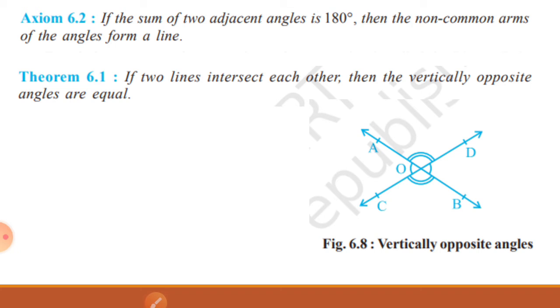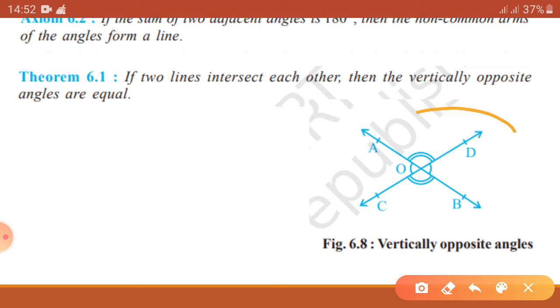Theorem 6.1 tells us that if two lines intersect each other, then the vertically opposite angles are equal. So we have to prove it. Here is the figure. To prove it, it is given in the statement above that two lines intersect each other.